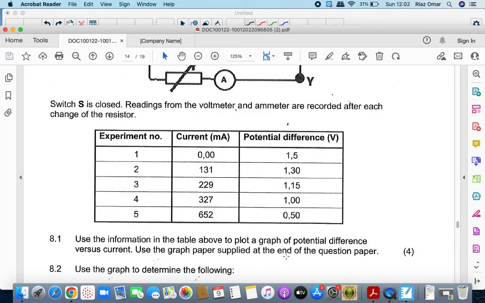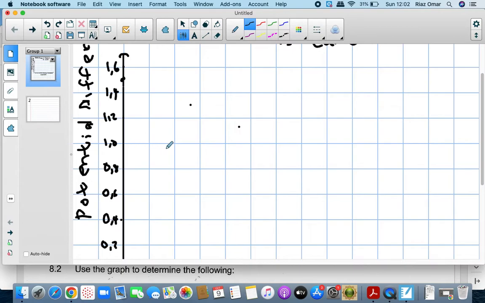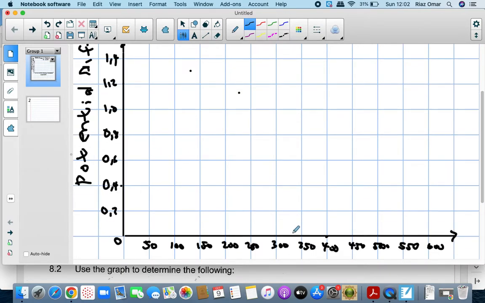Okay, 1 and 3,27. Voltmeter is 1 and ammeter is 3,27. The voltmeter will be around 1. This will be 3,27. 3,25 will be there, and 1.2 will be there. 2,7 will more or less be there.